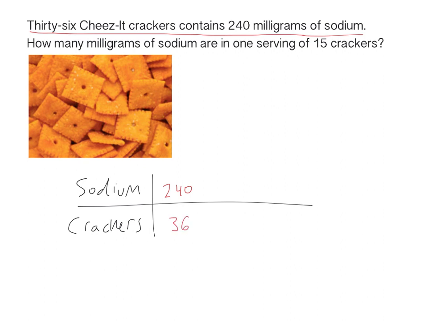But they're asking us how many milligrams of sodium we're going to be looking for in one serving of 15 crackers. So the number of crackers is going to be 15. But I'm going to give myself some space here. Instead of putting 15 right there, I need to give myself a little room, so I'm going to put it down here. And of course, this is what we're looking for right there.